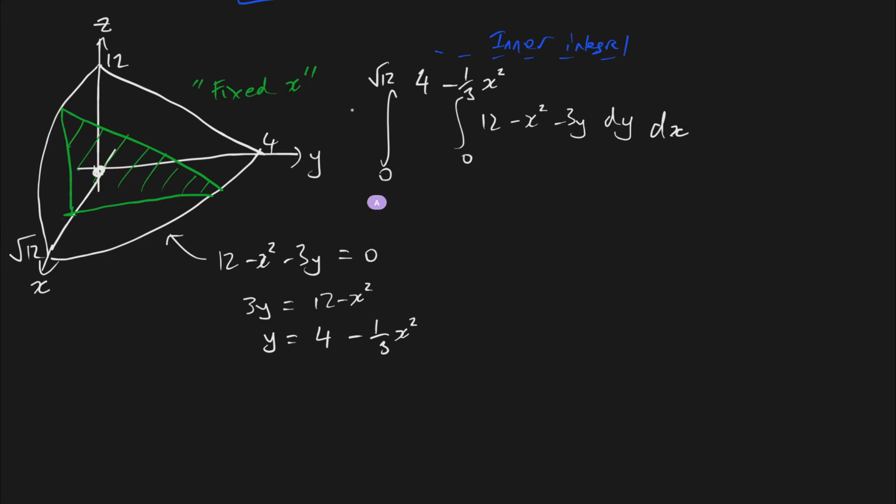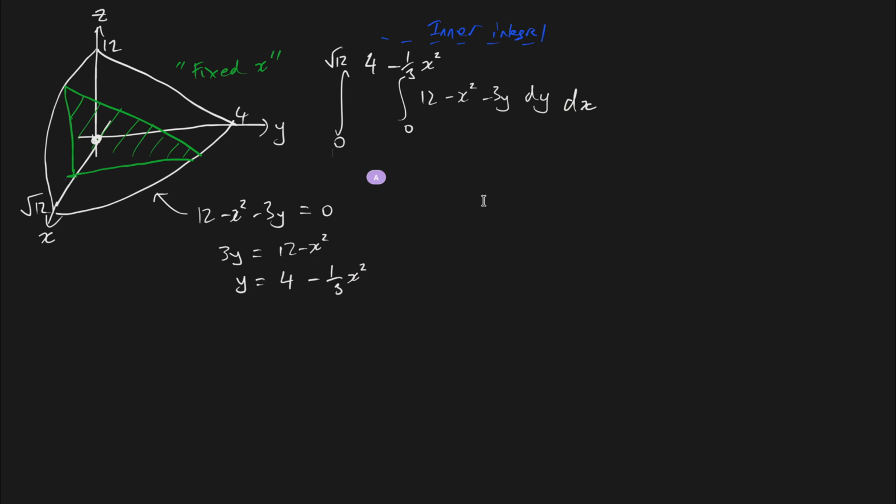So this is basically our final integral that we now need to evaluate. Let me just write that out again. Root 12, 0, 4 minus a third x squared, 0, 12 minus x squared minus 3y dy dx.